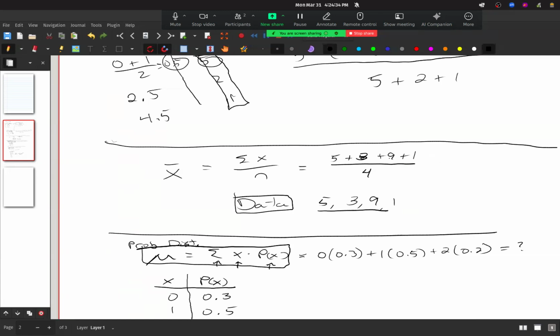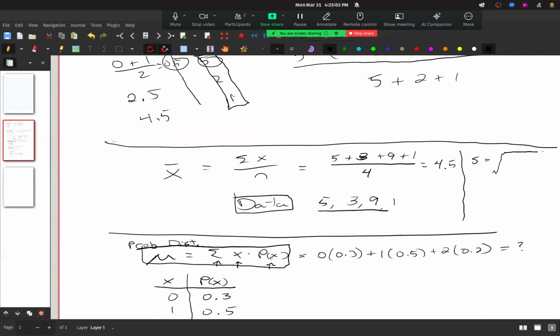Let's see, do I have the mean? 18 over 4, that's going to be 4.5. So now if I want to calculate the standard deviation, symbol, I'm talking about S.